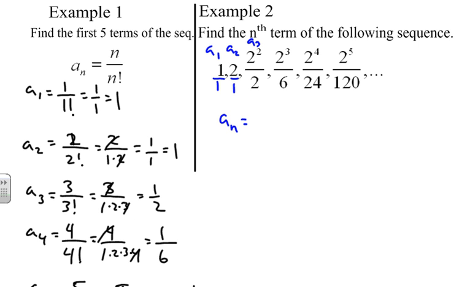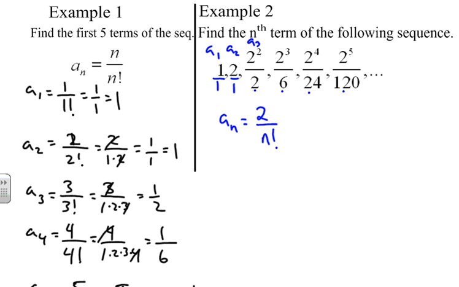What you notice is that we have 2 different changing values. The bottom has a pattern of 1, 1, 2, 6, 24, 120. That pattern is actually a factorial pattern, so we go n factorial. The top appears to be 2.